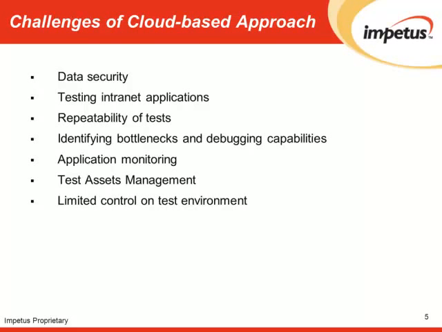Also, debugging and bottleneck identification represent a major challenge while the tests are being conducted from the cloud. When load testing uncovers a problem, the next step is identifying which layer in the application chain is causing the problem.